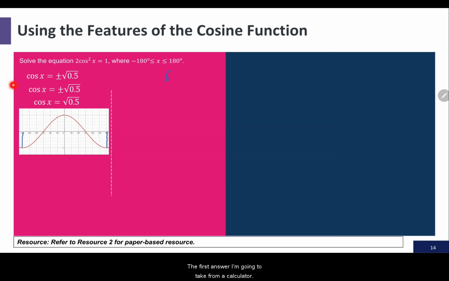The first answer I'm going to take from my calculator, inverse cos of the square root of 0.5. So my calculator gives me the first value of 45 degrees. I can find the other one by using the symmetry. So the second solution is minus 45, and that's working on the positive square root.